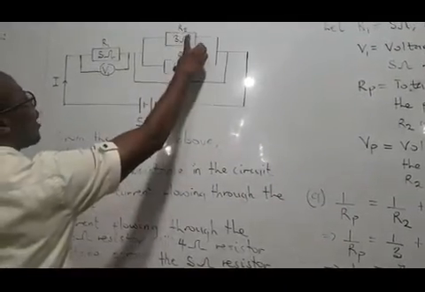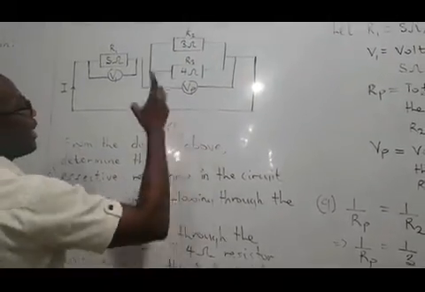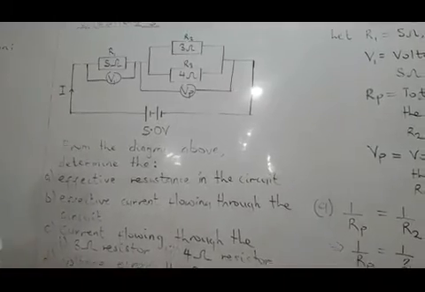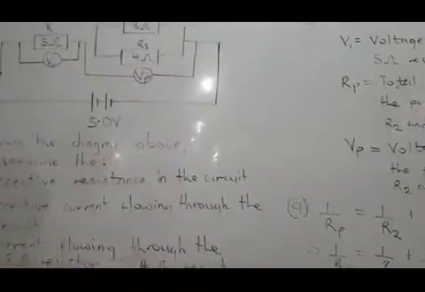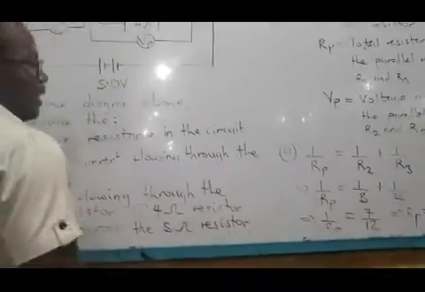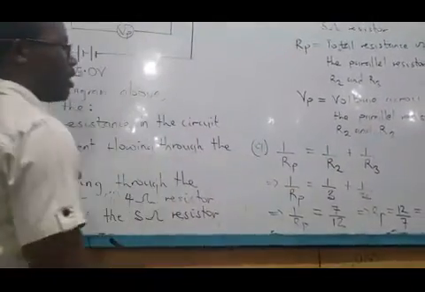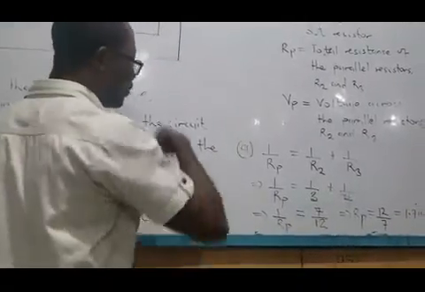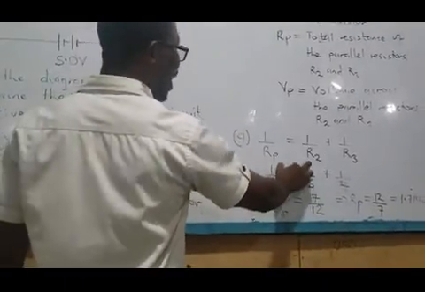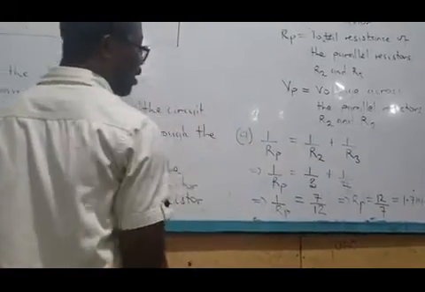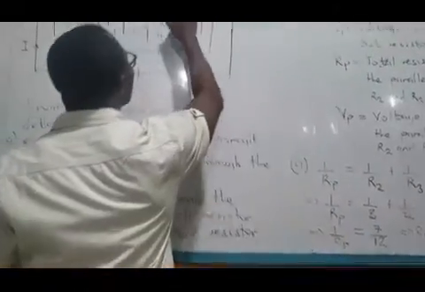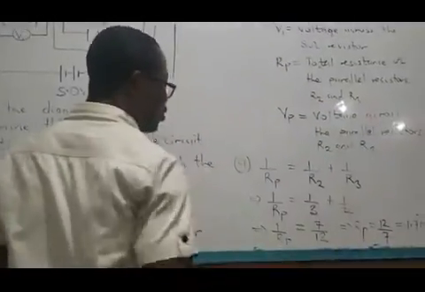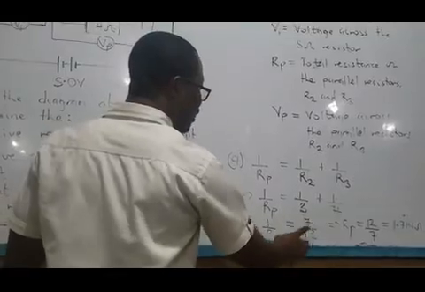So you look for the total of these two, and we let the total of R2 and R3 be equal to RP. Because R2 and R3 are in parallel, finding the total resistance involves the reciprocal. So 1 over RP is equal to 1 over R2 plus 1 over R3. When you substitute, you will have 1 over RP equals 7 over 12.